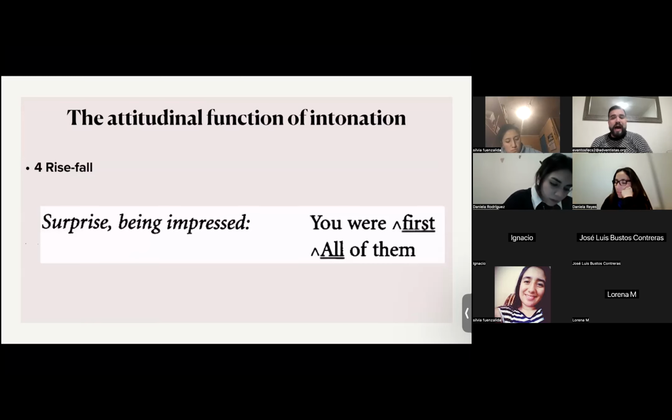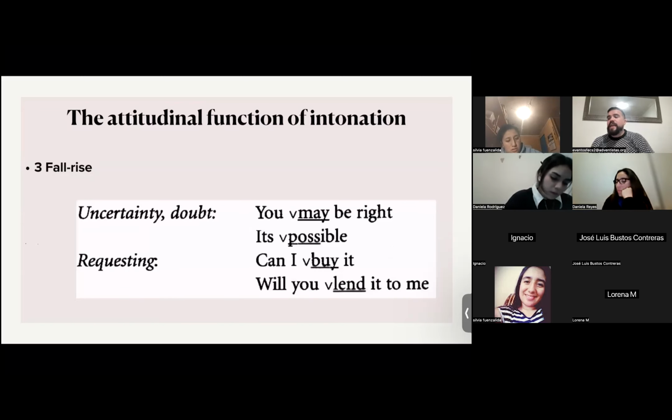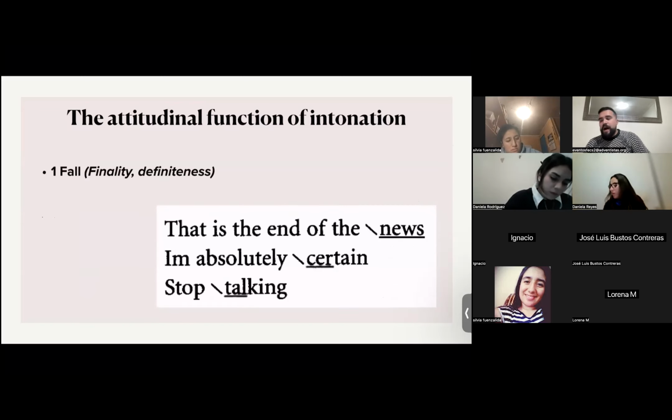So you will have to create a dialogue, all right? And you must include the attitudinal function that I already explained, and you're going to have enough time to practice.